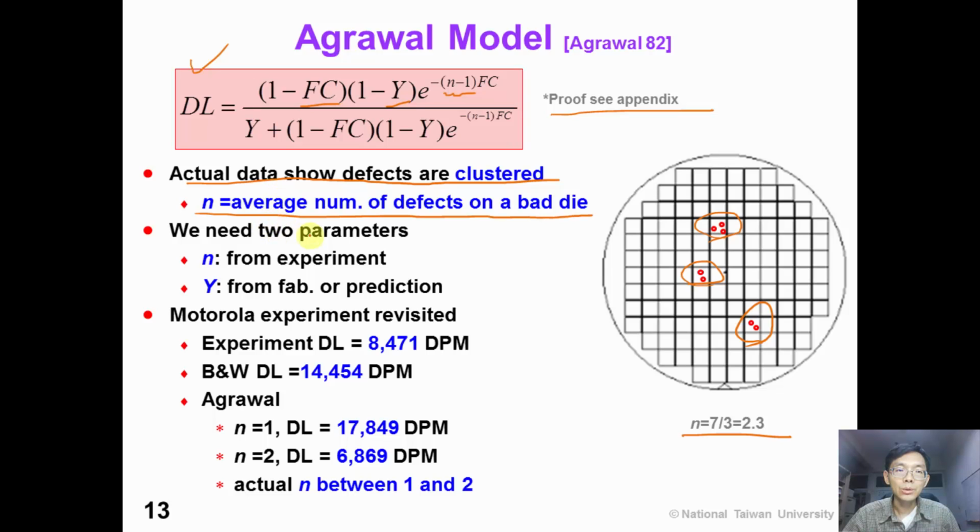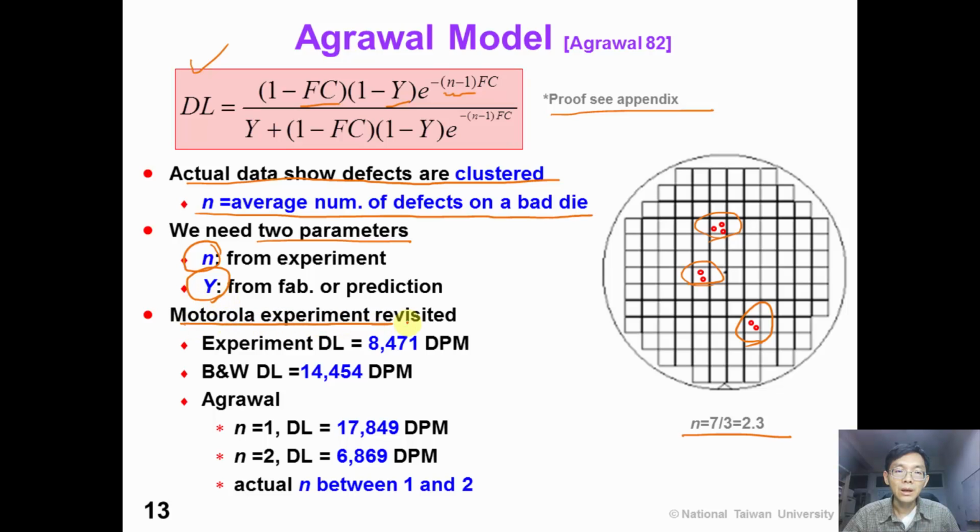In the Agrawal model, we need 2 parameters. One is N, which can be obtained from experiment, and the other is yield, which can be obtained from the fab or estimated by prediction.